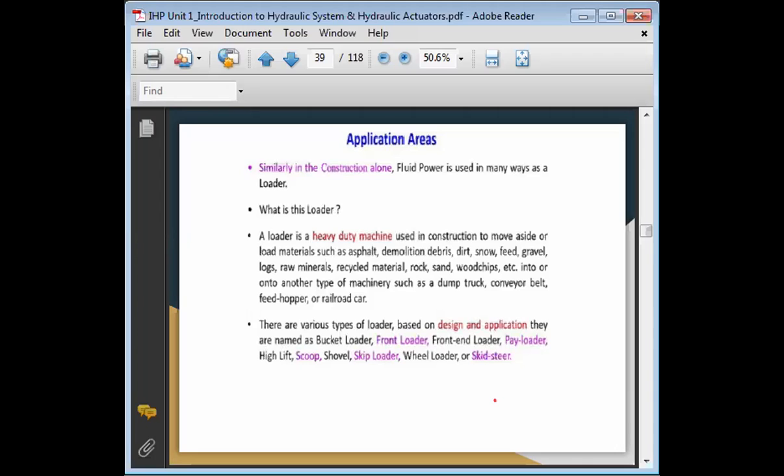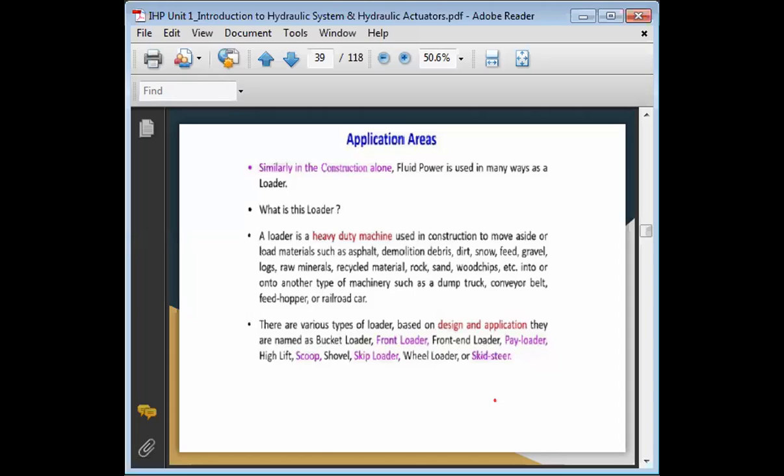To move aside loose material such as asphalt, demolition debris, dirt, snow, peat, gravel, logs, raw materials, recycled material, rocks, to fill or load sand or wood chips, etc., into another type of machinery, such as a dumper truck, conveyor belt, feed hopper, or a railroad car.